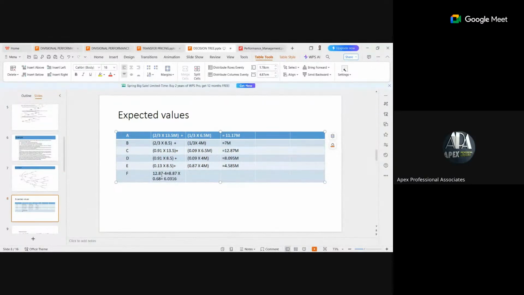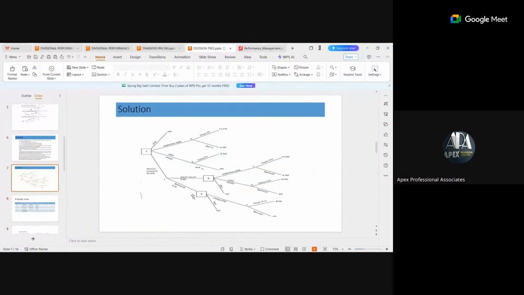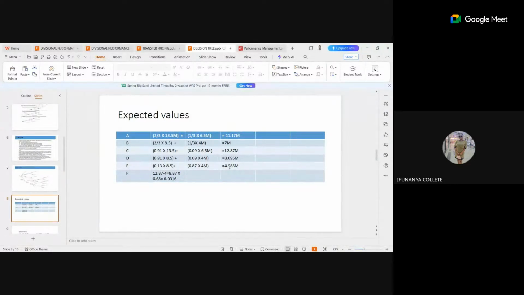Now, for bad results, what will happen? Let's look at bad. For bad results, when we go with the cheap refurbishment, the expected outcome, which is E, is 4.585 million.